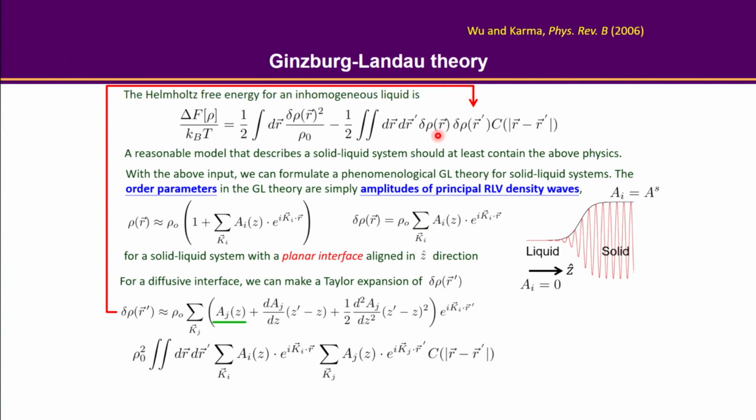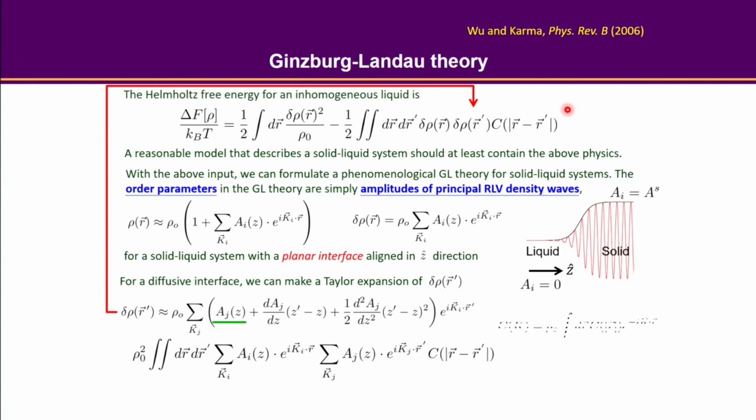And the rest of the stuff you can see, the first term is just from the delta rho here, right? The first delta rho is just plugged in as the summation over k, and for the second one you just have this a j times. So basically, those are just the delta rho squared, exactly the same thing. And times what? Times this correlation function.